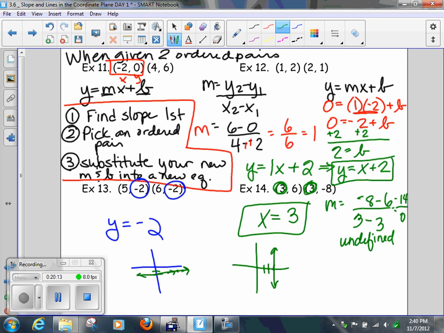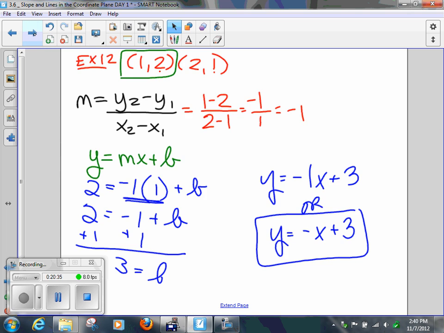Can I plug undefined in to an equation? No. But can I plug in a zero slope? Yeah, I can. I can plug 0 in and work with 0, but I can't plug in undefined. Okay? Keep that filed away somewhere. That's just a shortcut that you may see. You might not see it again.